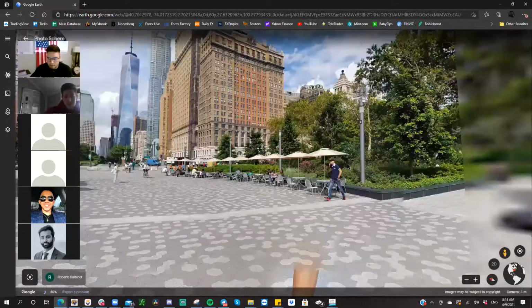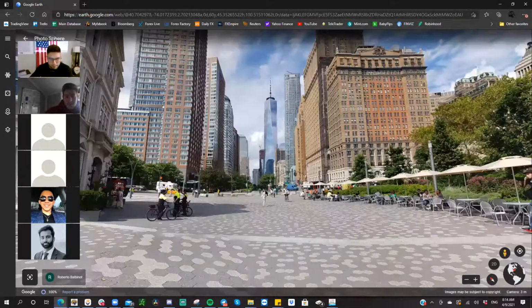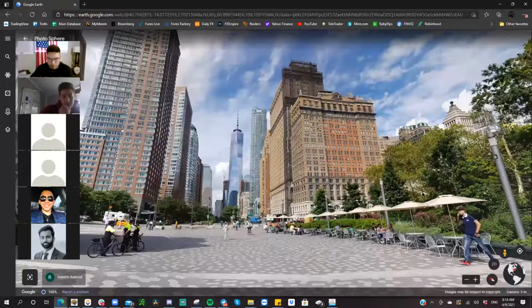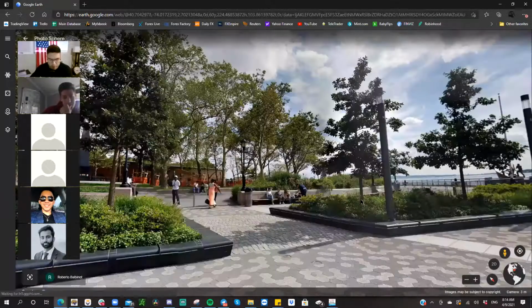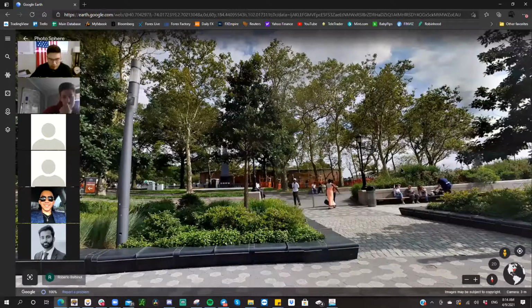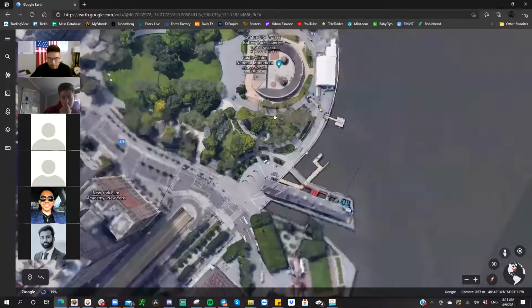Yep. This is New York City. If you guys have ever been, now you're here. That's the next milestone, right? That's the World Trade Center right there. Battery Park. This is Castle Clinton. What a beautiful city. Oh yeah. It needs to get back to what it was.